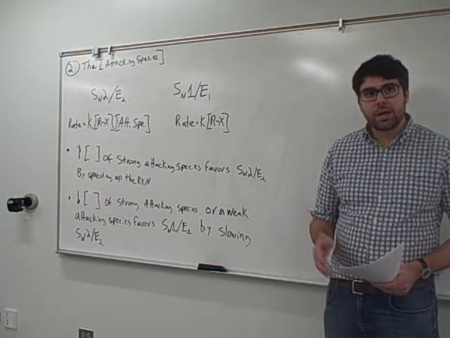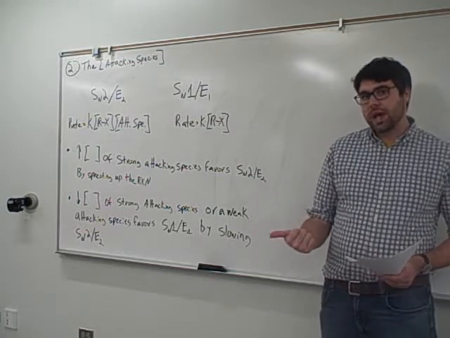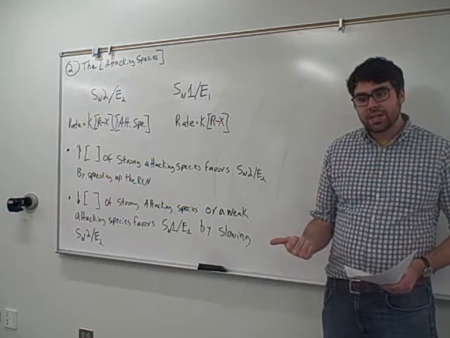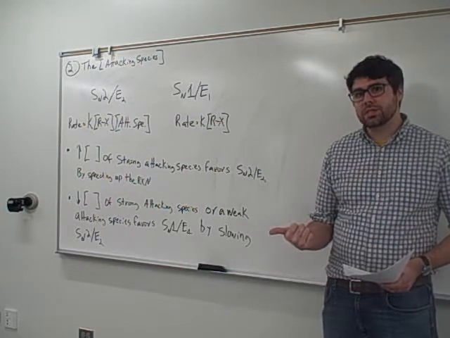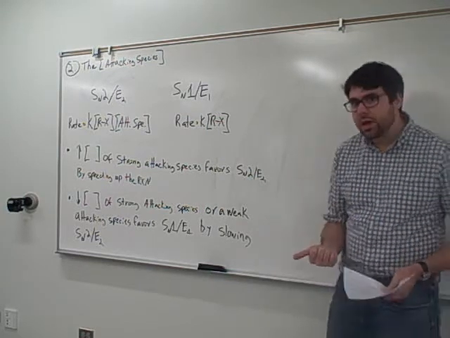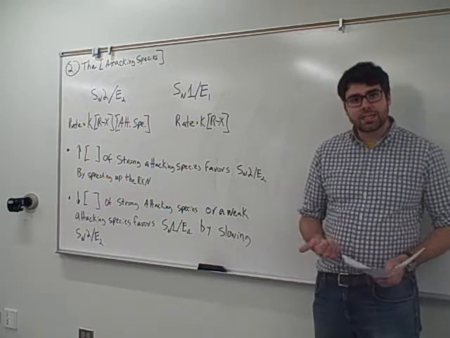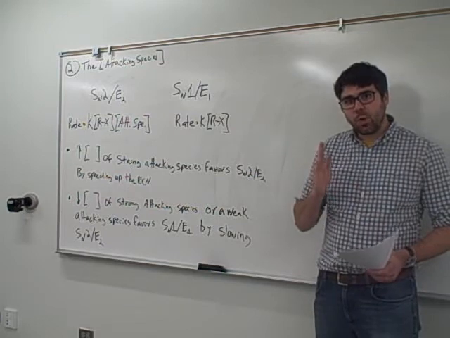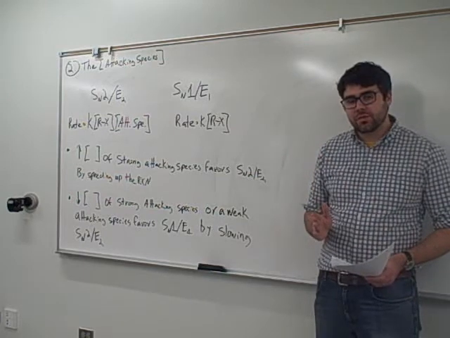So in summary, high concentration of strong attacking species will favor SN2 or E2, and a poor attacking species, something like water or methanol, is going to wind up favoring this SN1-E1 stepwise type mechanism, and we'll see why that is in a few seconds.